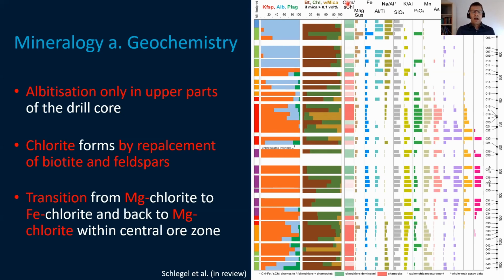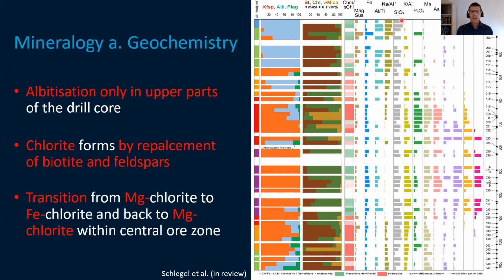We see a significant change in the chlorite chemistry, from magnesium-dominated chlorite in the distal part towards iron chlorite dominated in the marginal ore zone, and then back to magnesium-dominated chlorite in the central ore zone.